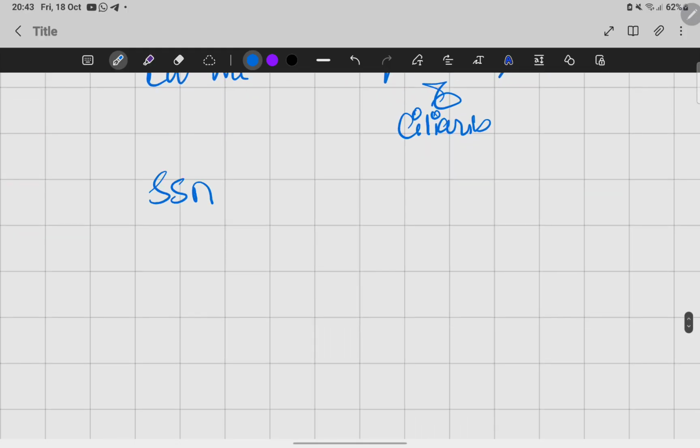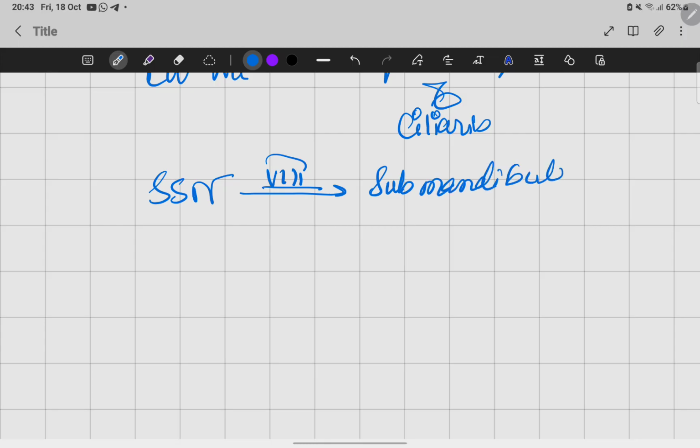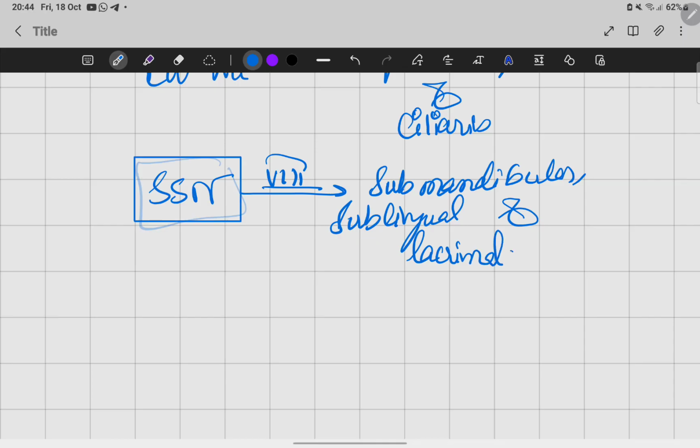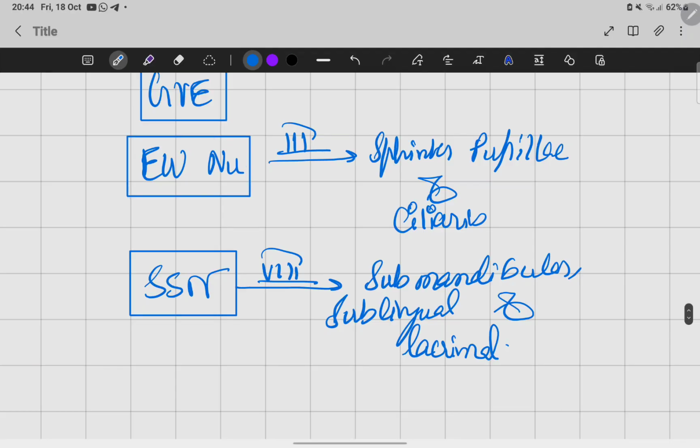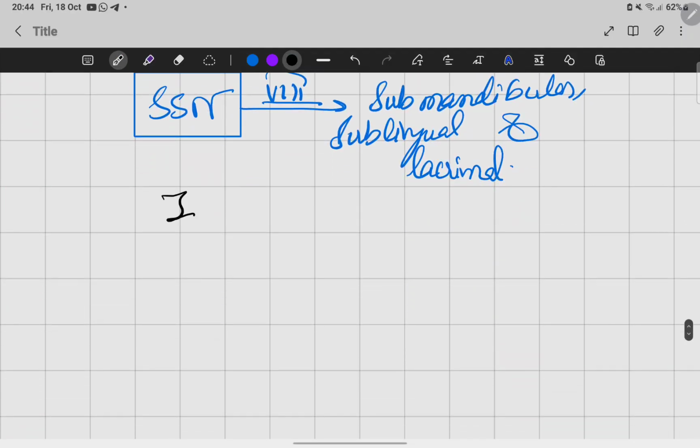The superior salivatory nucleus, through the eighth nerve, supplies the submandibular, sublingual and lacrimal glands. Third, the inferior salivatory nucleus supplies the parotid gland through the ninth nerve.